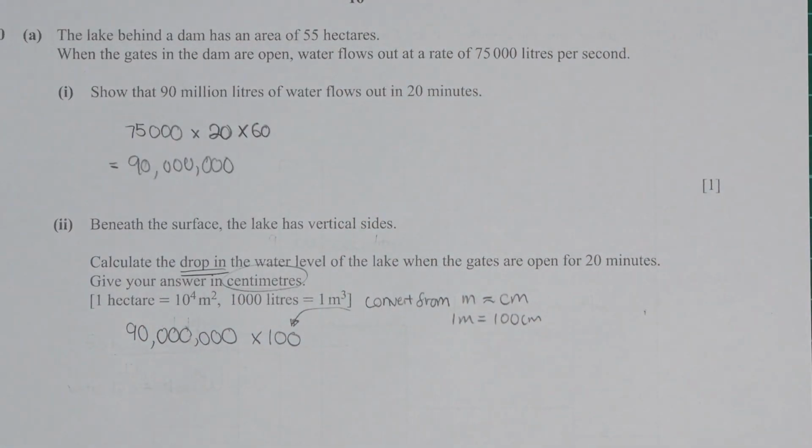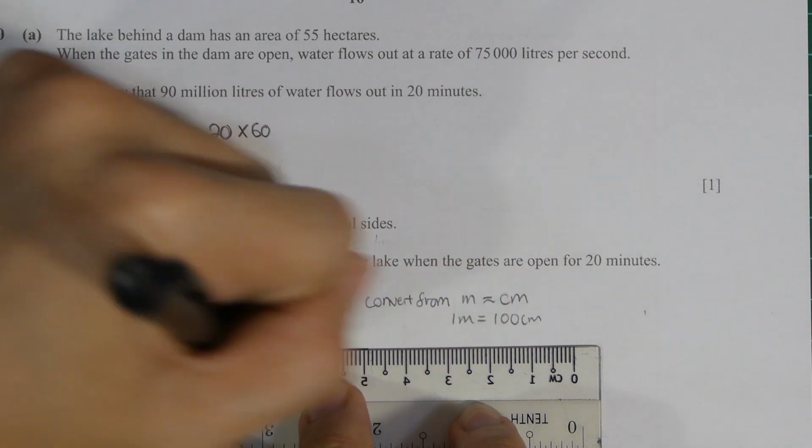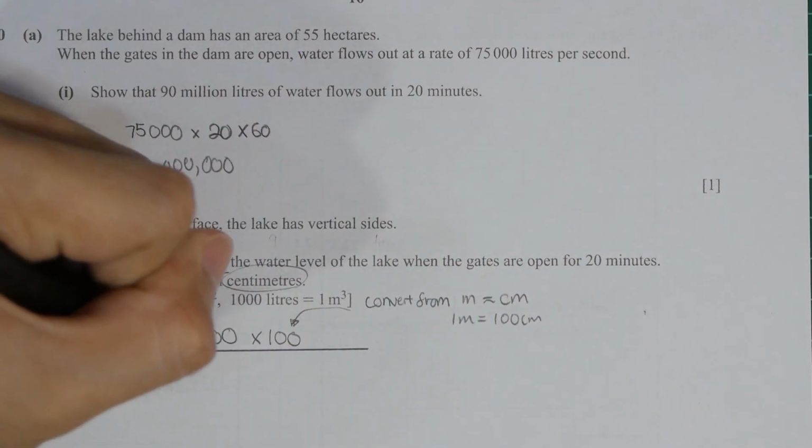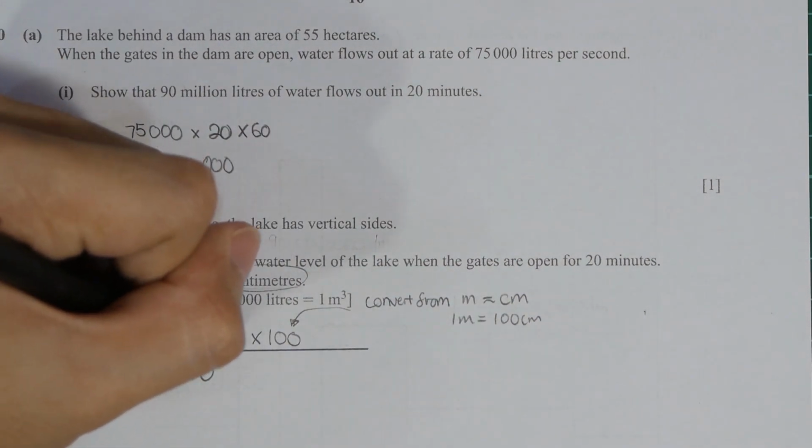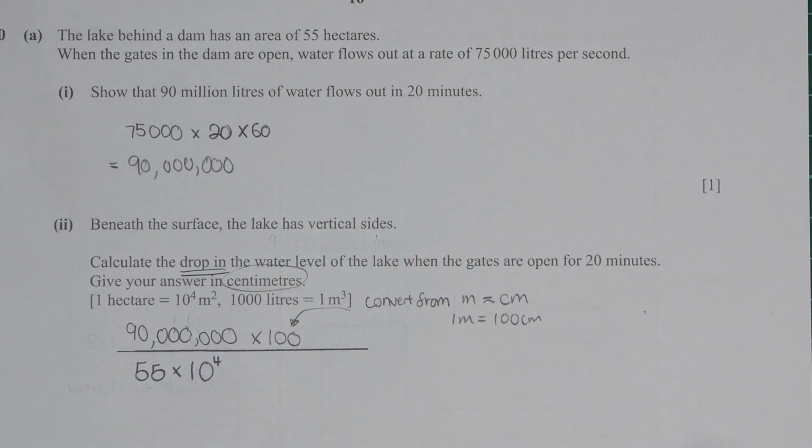For the denominator part, it is 55 hectares multiplied by 10 to the power of 4 multiplied by 1000. Multiply the 1000 to calculate the capacity. Hence, the final result will be 16.36.